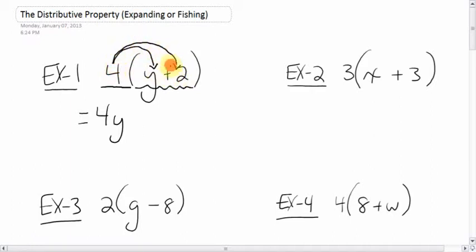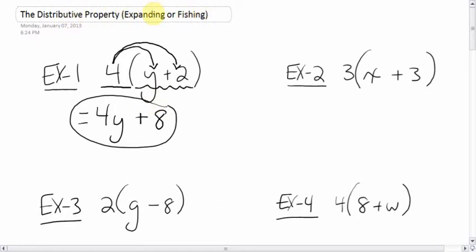What is 4 times +2? 8. So you put +8. These two are unlike terms. You cannot simplify them any further. So that's your answer. That is the distributive property. That is expanding, or it's called fishing, whatever word that you like.